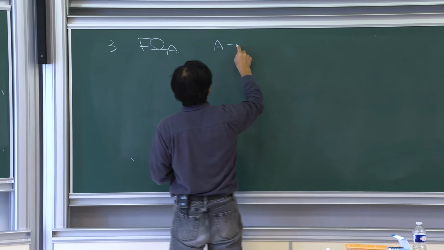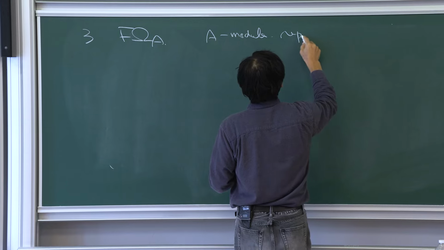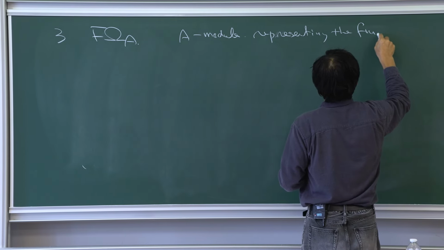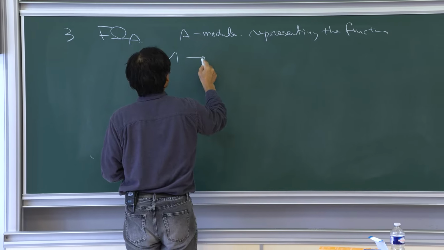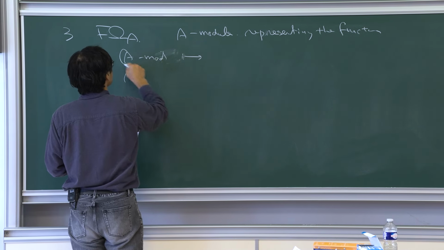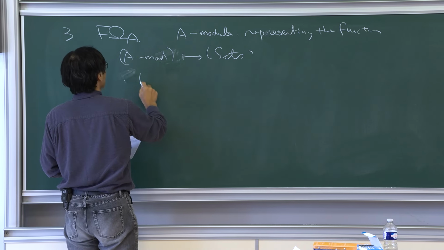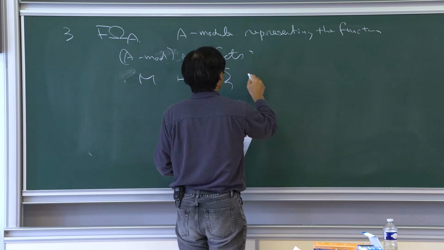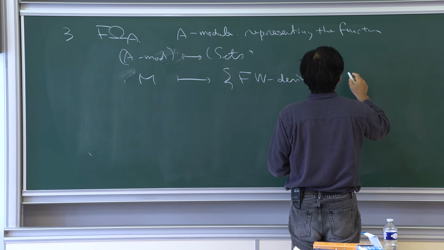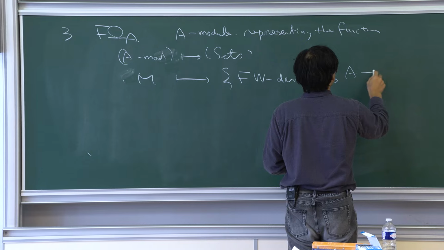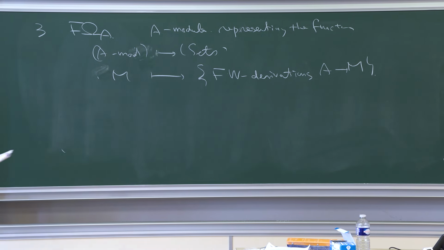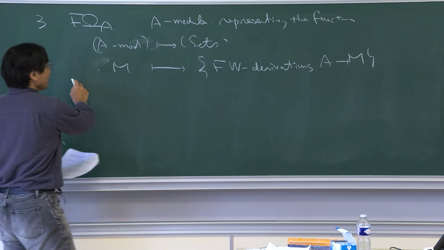So this is the A-module representing the functor sending an A-module M to the Frobenius Witt derivations from A to M. So this is the definition.